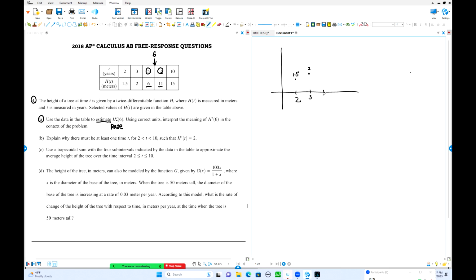And this is 5, that is 6. This is 7, that is 11. This is 10, that is 50.